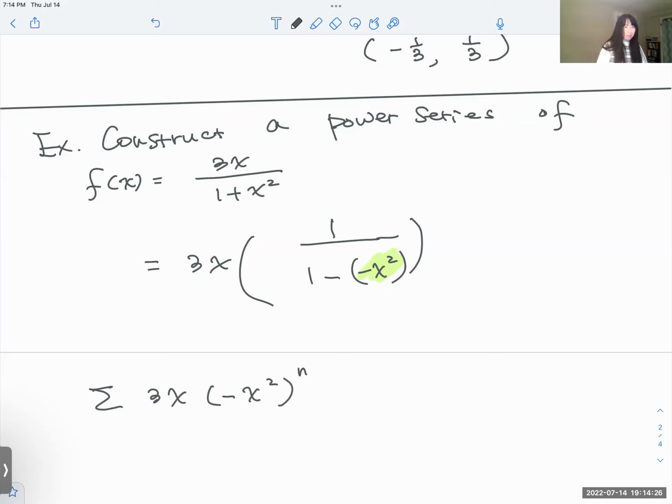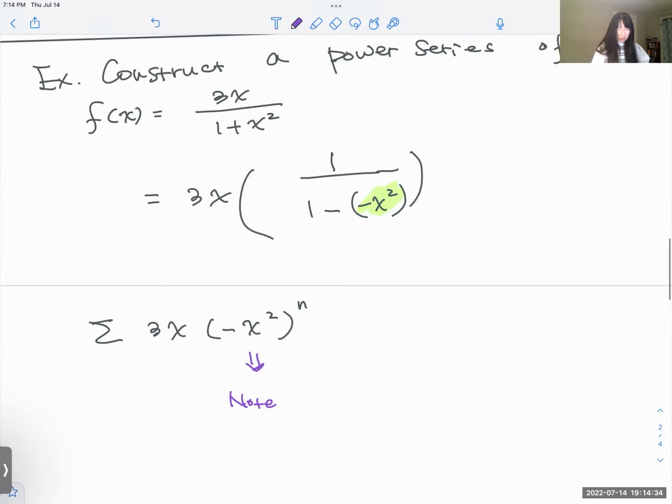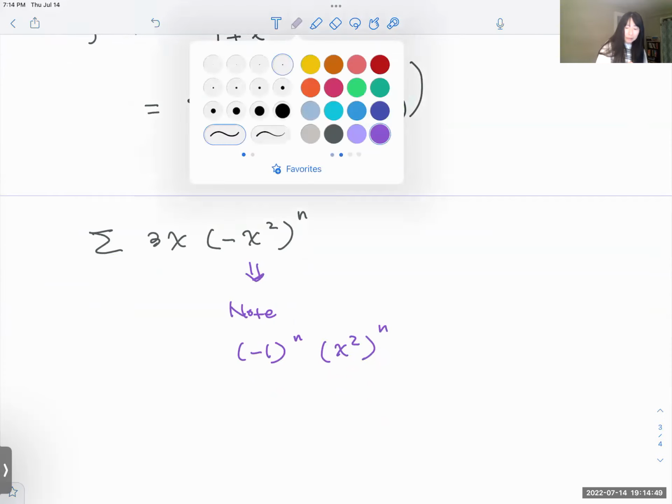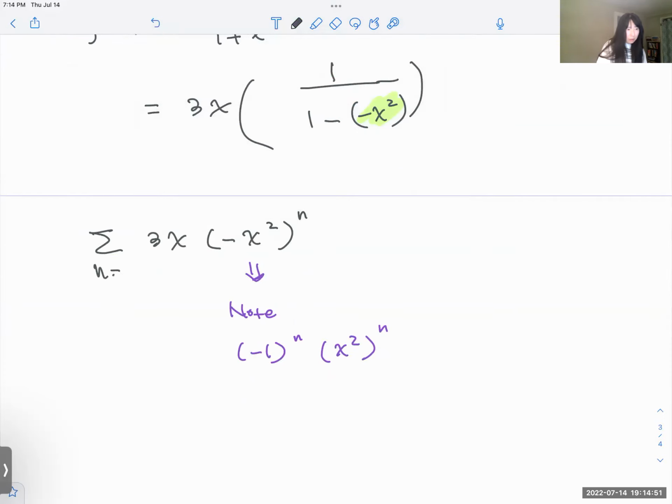All right, now note, we can say that negative 1. Yeah, we can say that like that, okay? Then we will have, let me write down, n starts at 0 to infinity.